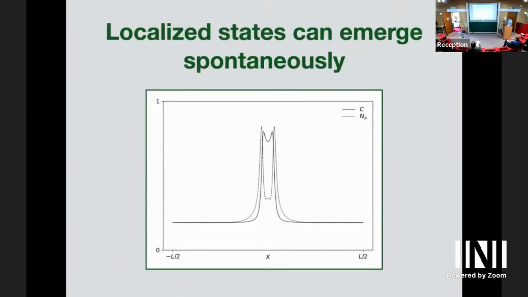If you now solve the equations numerically, you can see these states that are localized. At first sight, this might be very similar to the states that I showed you at the very beginning, where we had, in this kinematic description, just this contraction. But there are two differences. By the way, the dotted line is the Rho proteins, whereas the black line is actin.